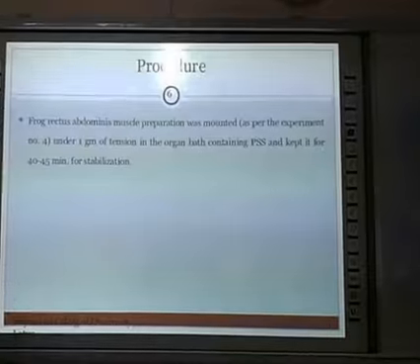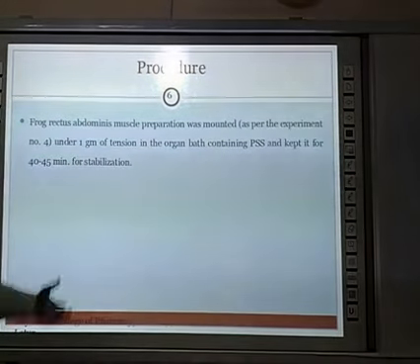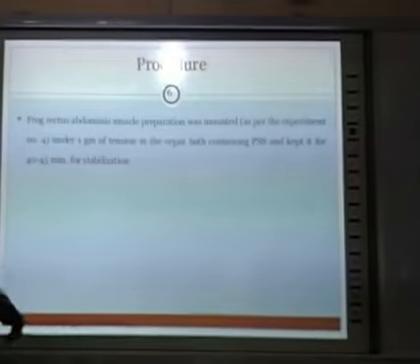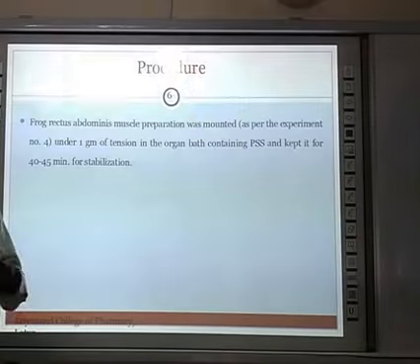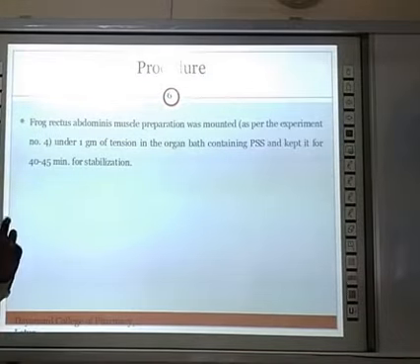First, the frog rectus abdominis muscle preparation was mounted under 1 gram tension in an organ bath containing frog Ringer as a physiological salt solution and kept for 40 to 45 minutes for stabilization. That isolation procedure we have seen in the last video. So first of all, mount the rectus abdominis muscle preparation for 40 to 45 minutes for stabilization.